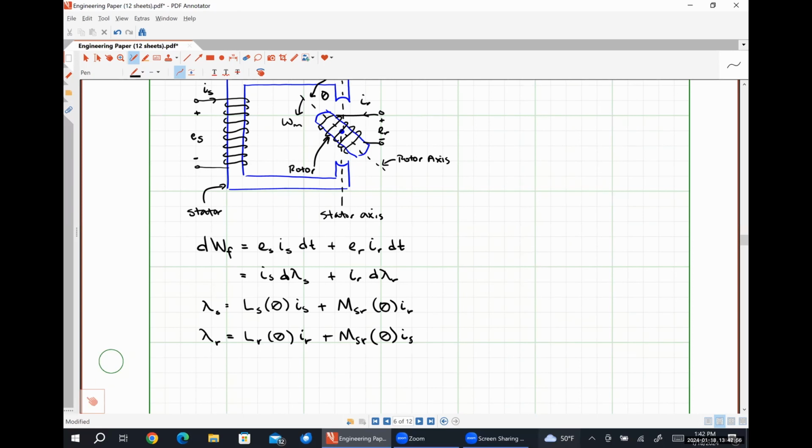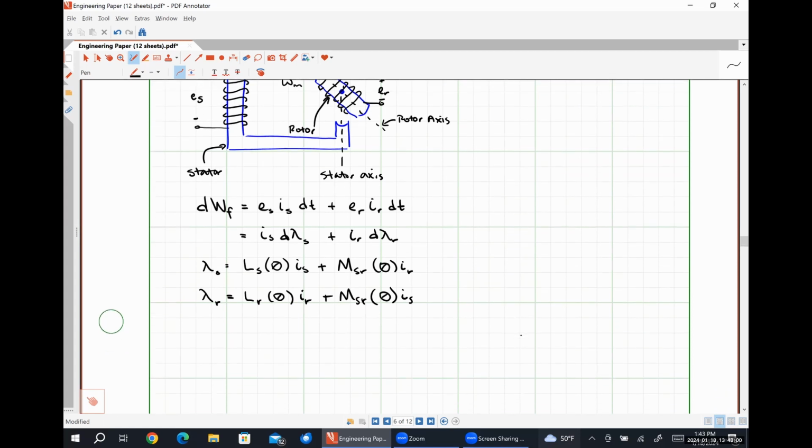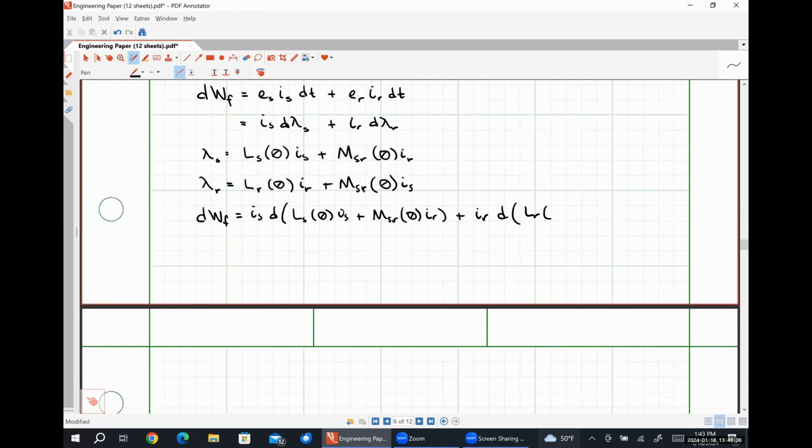Okay. So if we substitute in these relationships for our flux linkages, what we'll find is that our field energy is equal to IS times the change in LS as a function of theta times IS, plus MSR as a function of theta times IR, plus IR times the change in LR as a function of theta times IR, plus MSR as a function of theta times IS.